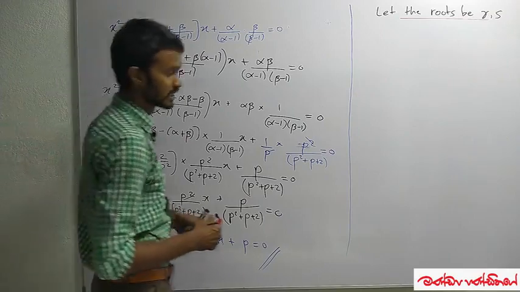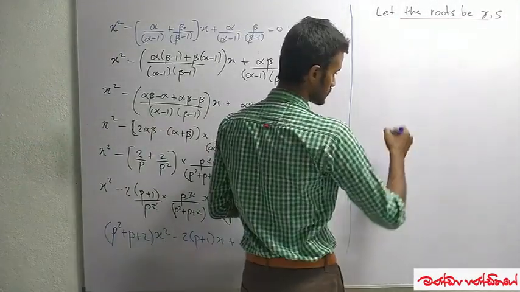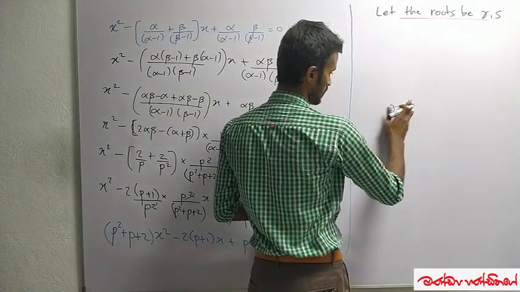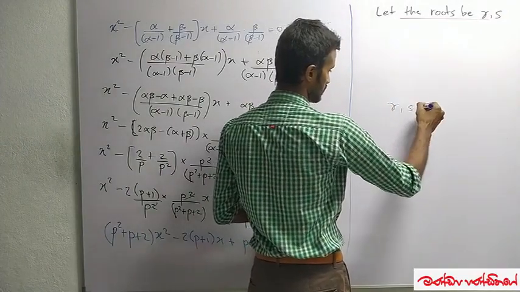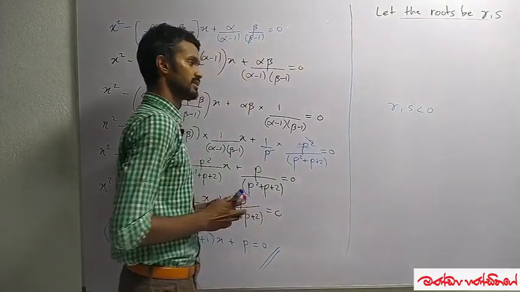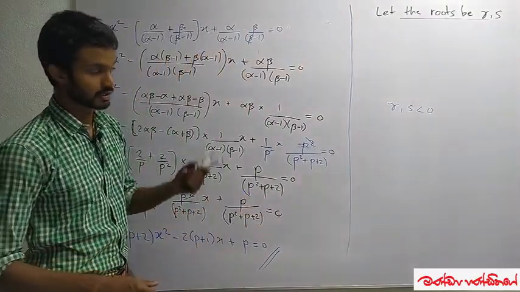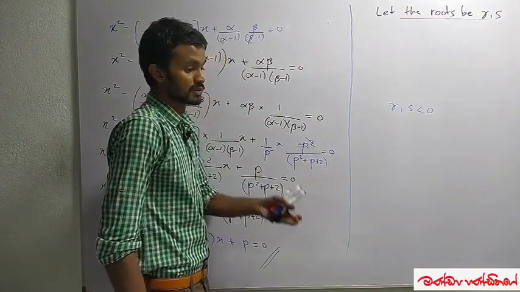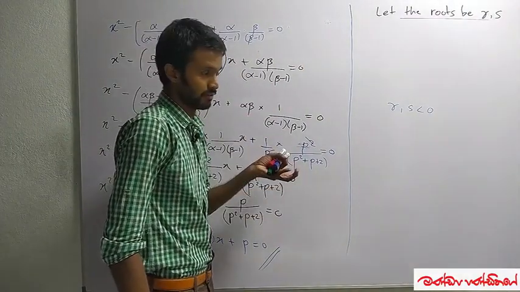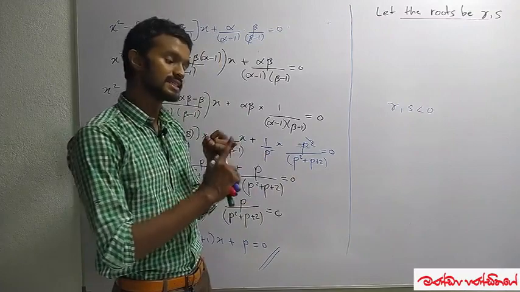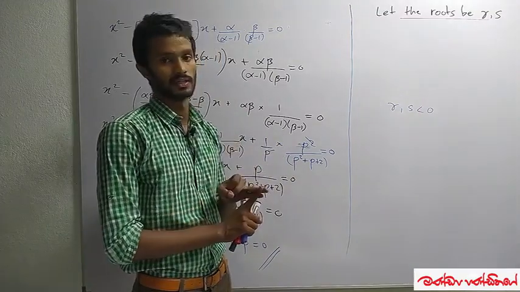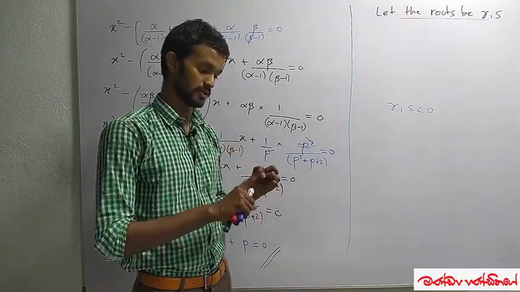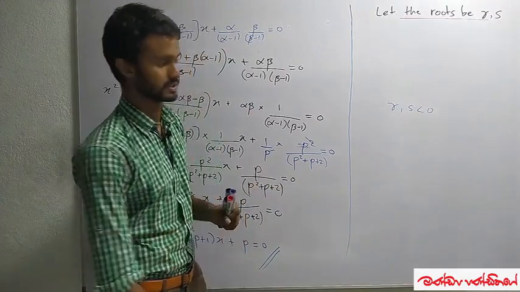Because when both roots are negative, if you consider the product of two negative numbers, we get a positive number, which means the product of the roots is positive. So if they are asking us to show that both roots are positive, I have to show the addition is positive and the product is positive.